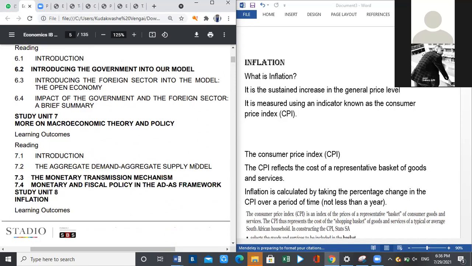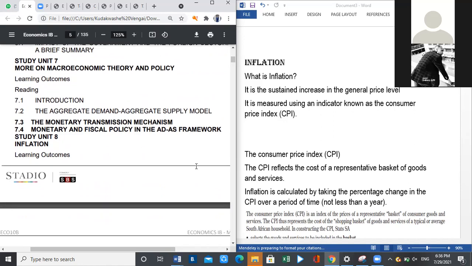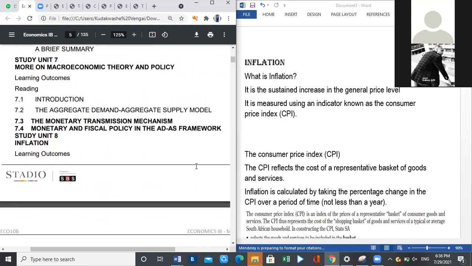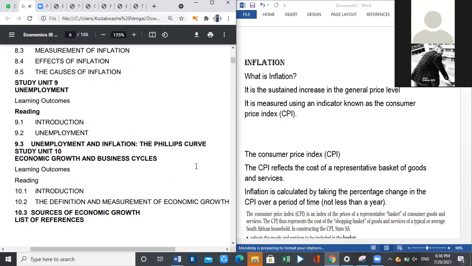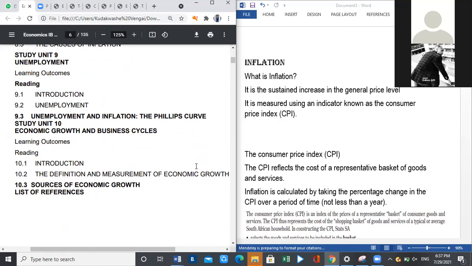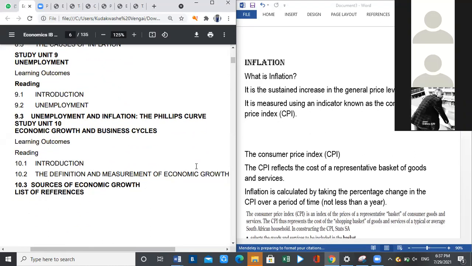Then the seventh topic will be looking at the macroeconomic theory and policies that affect the economy. Then on unit 9, we'll be looking at the topic of unemployment, various measures of unemployment, and how unemployment has its relations with inflation. Then the last topic that we'll be looking at is the economic growth and business cycles.